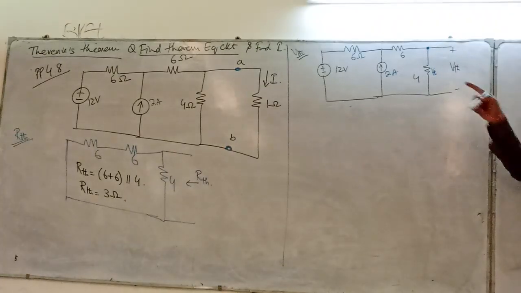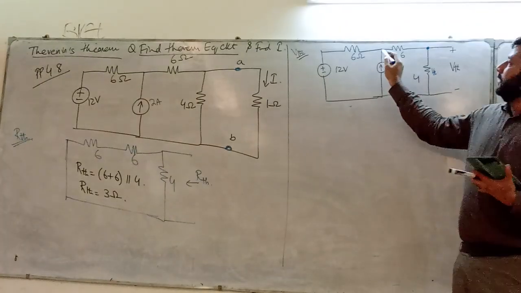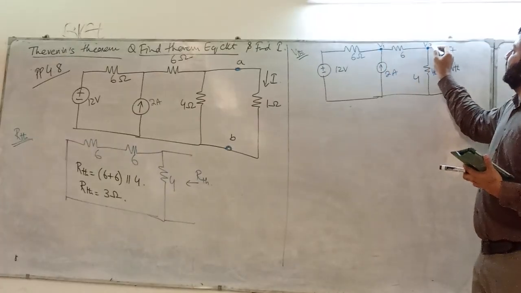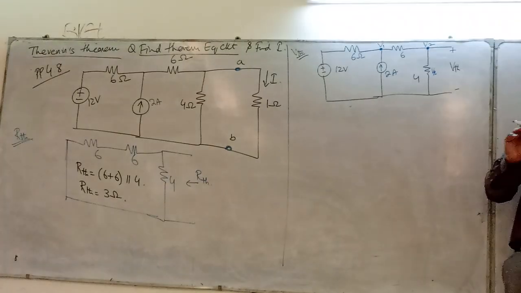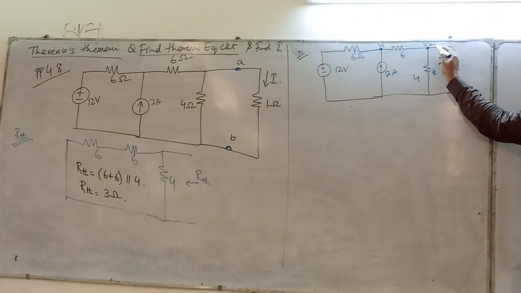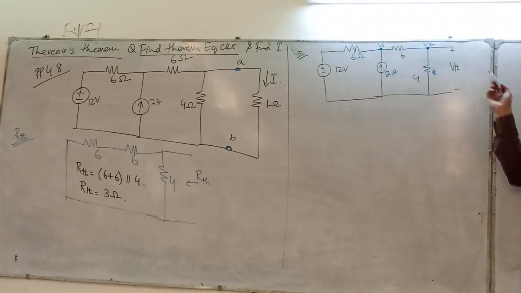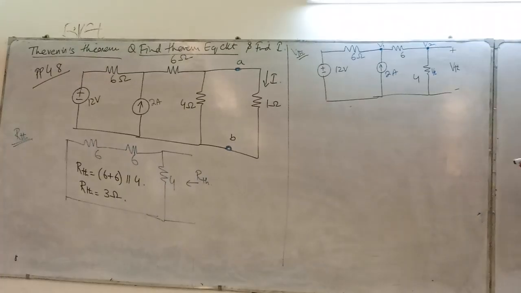For example, if you do this circuit by nodal analysis, for example, this is V1 and this is V2. We can do it by nodal analysis. So whatever the V2 will be, it will be equal to Thevenin. Easy.